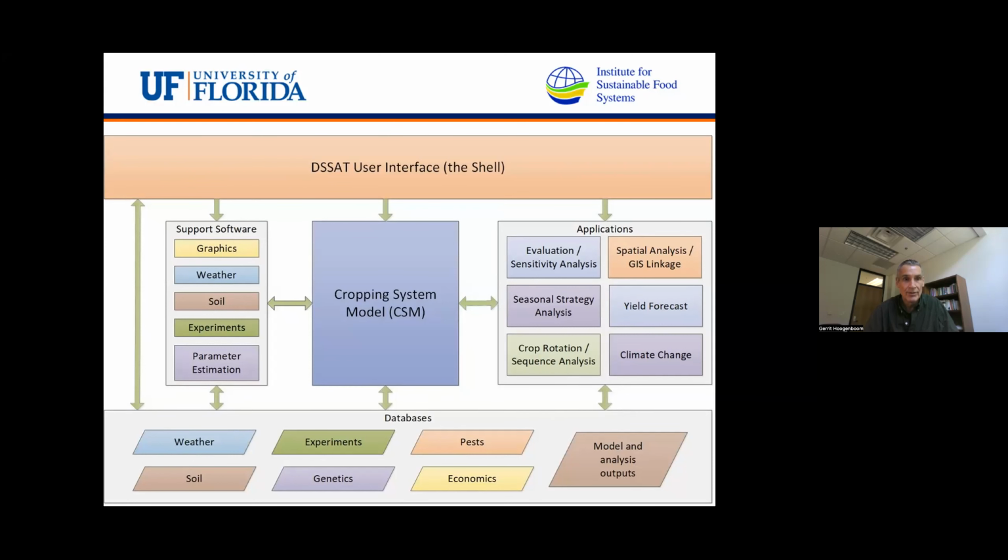We provide you with a set of support software that allows you to enter weather data, soil data, and crop management data, and then various tools available to help you estimate some of the parameters. Once the model has been calibrated and evaluated, then we have a range of applications, looking at single season simulations, crop rotations, spatial applications, in-season yield forecasts, as well as climate change.